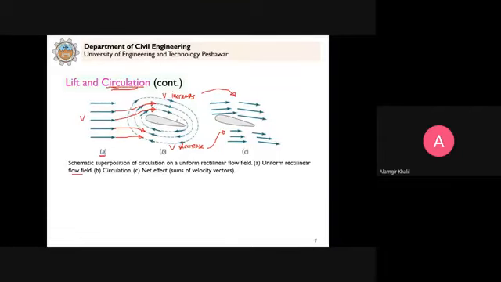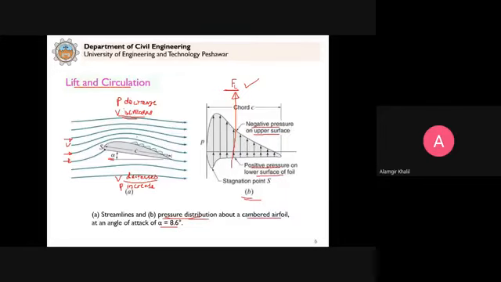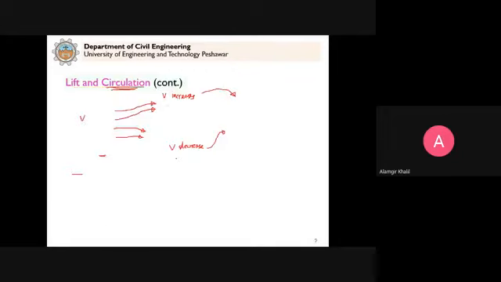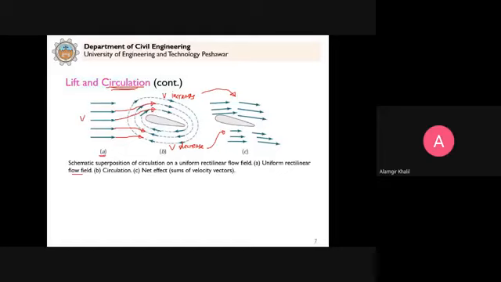There is a circulation and a relative motion of the object and the fluid, so the velocity further increases at the top and decreases at the lower surface. It results in a difference of pressure at the top and bottom, and gives rise to this force acting on the object.